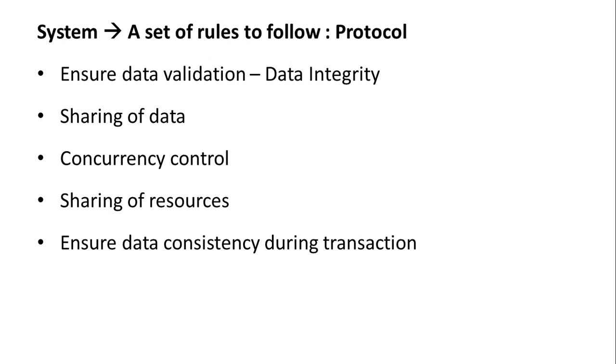Apart from this, data must be consistent after a change has taken place, so you need to have a protocol implemented to achieve this. That is what we call a system. Thus, a system ensures sharing and concurrency without causing any violation of data integrity and consistency.